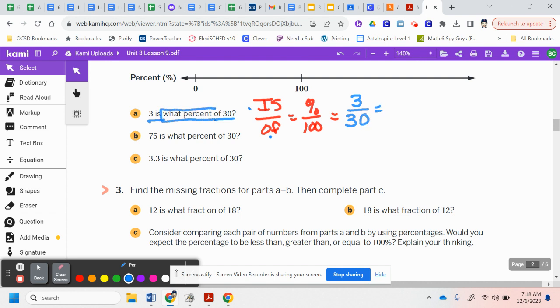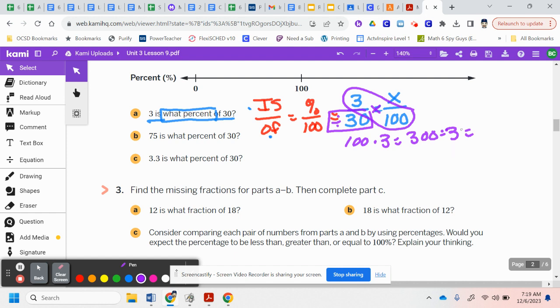What percent is what I'm looking for. So that's my variable. I don't know what that percent is, but I always know it's over 100. So then we cross multiply. I have 3 times 100, which is 300. We divide that by the only number we have left. It's always going to be one of those numbers. And when you divide, you get 10. And that's a percent, so it's 10%.